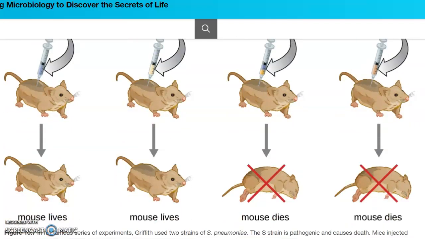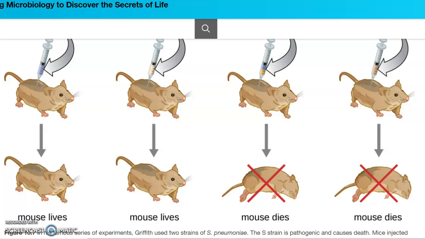And so here's what happened. With the rough strain, the mouse lives. With the heat-killed S strain, the mouse lives. The bacteria has been killed with heat, and the mouse lives. But if he takes the rough strain plus the heat-killed S strain, the mouse dies.